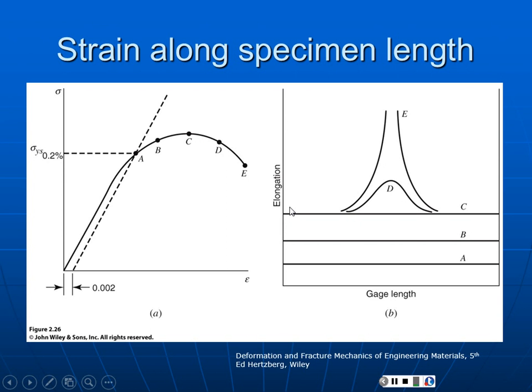So outside the neck, on either side of it, I'm still at the same strain I was at point C, even at point D and point E. But in the neck, the strain is rapidly increasing, and as we get to fracture, we have dramatic amounts of strain inside the neck. So it's a localization of the deformation in the specimen once the neck starts to form.